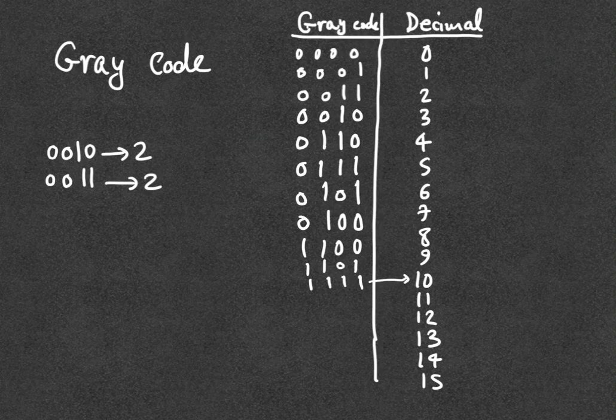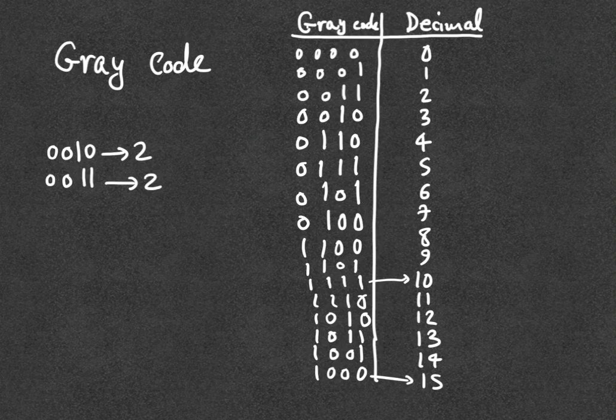And then 11 is 1110, 1010, 1011, 1001, and 1000 is 15. Okay, so this is the Gray code to decimal.